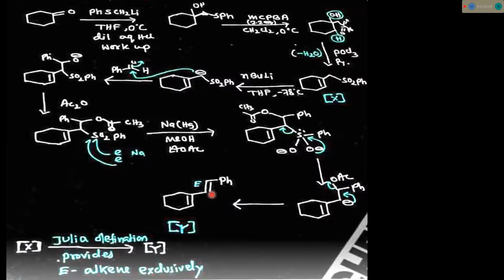So an alkene is formed. So a trans alkene is formed. So from X to Y, the reagents are n-butyllithium, benzaldehyde, then acetic anhydride, then sodium amalgam.